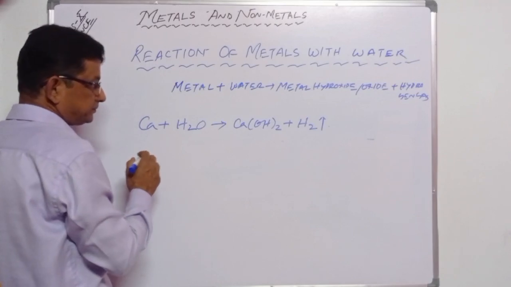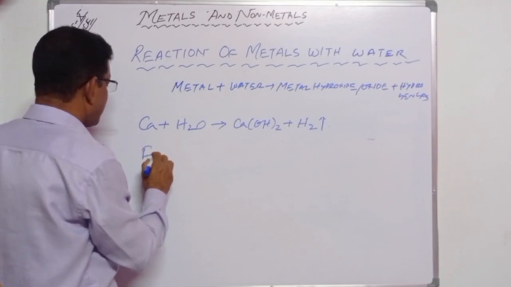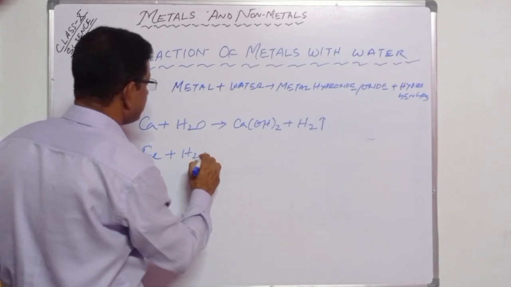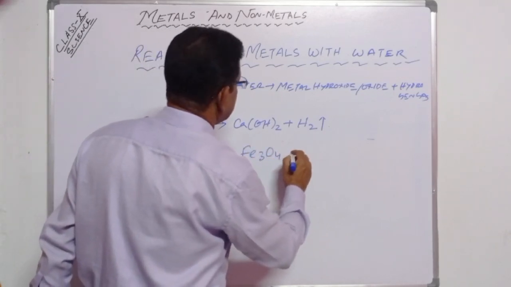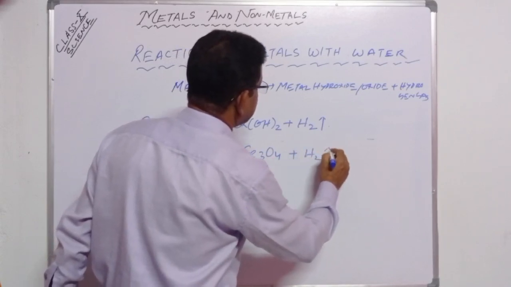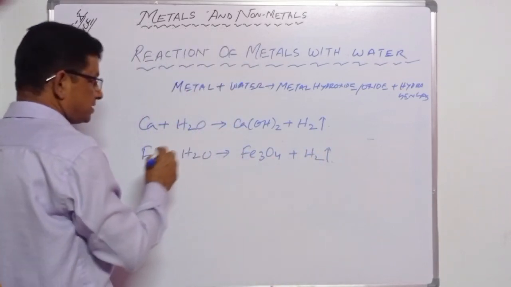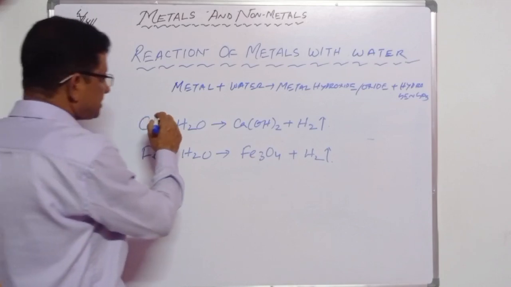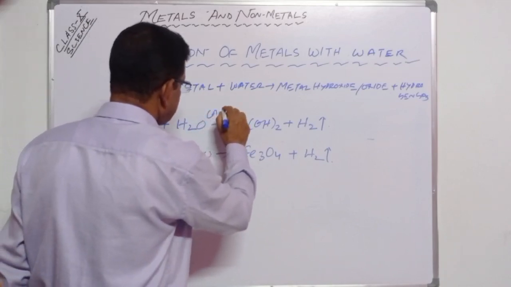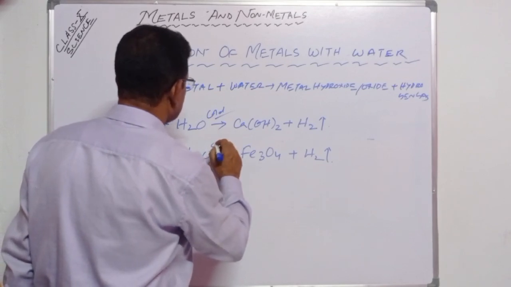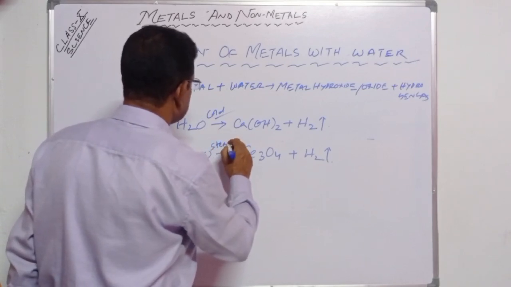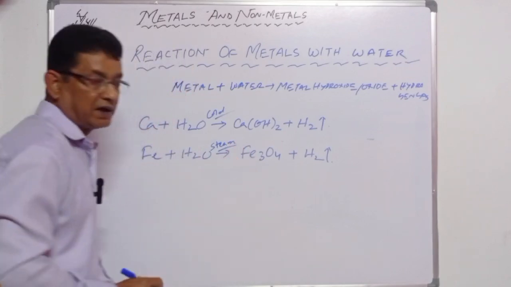Next, iron reacts with water to produce iron oxide plus hydrogen. In this case, calcium will react with cold water, but iron will react with the steam of the water.